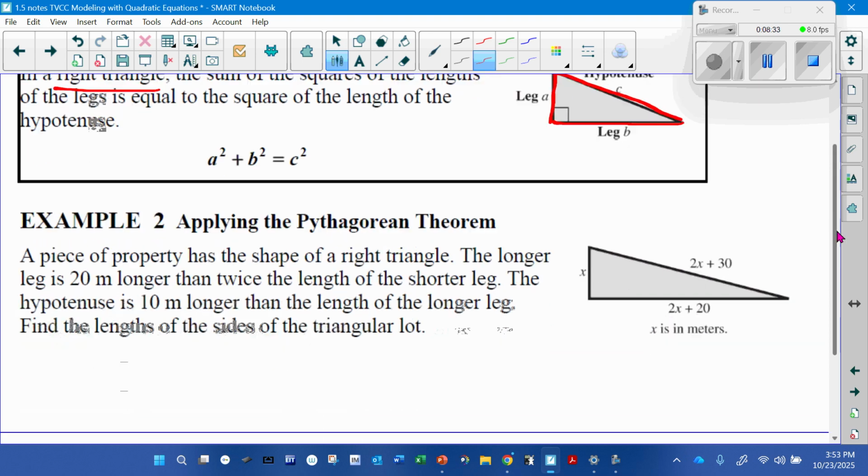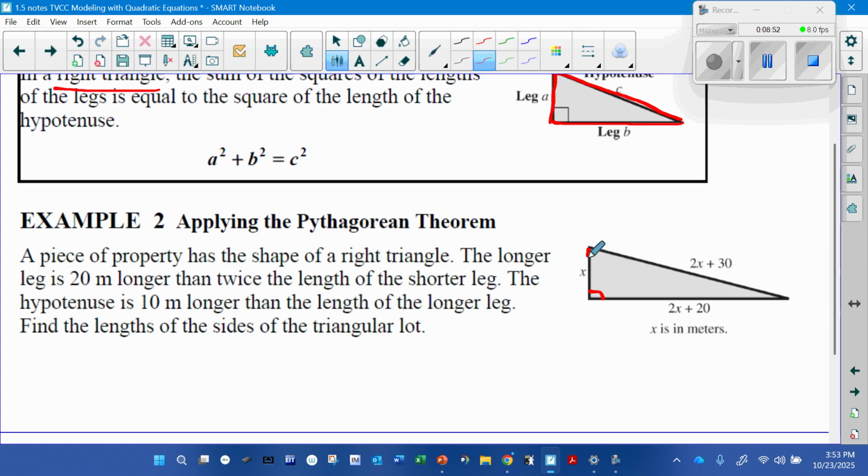All right, so when you're looking at this triangle right here, it says a piece of property has the shape of a right triangle. Technically, they should have a right angle here telling you that it's a right triangle. The longer leg is 20 meters longer than twice the length of the shorter leg.